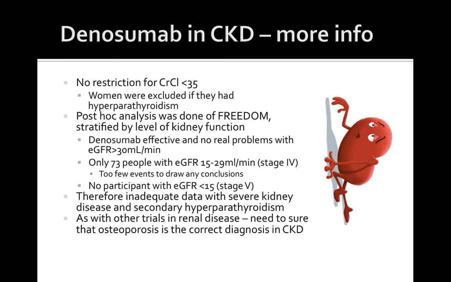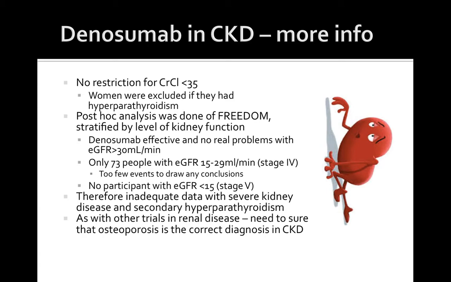So the post-hoc analysis on Freedom actually stratified the study by the level of kidney function. And so if the GFR is greater than 30, they basically said you're probably not going to have any real problems. But there weren't enough people with low GFRs to really get a lot of information. So 73 out of the almost 8,000 people in the trial had a GFR of 15 to 30, stage 4. So there's not really enough events to draw any conclusions.